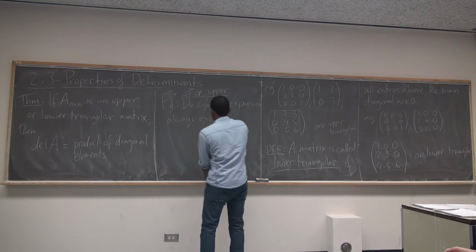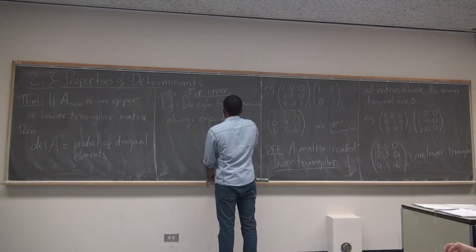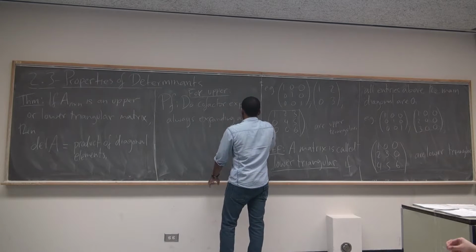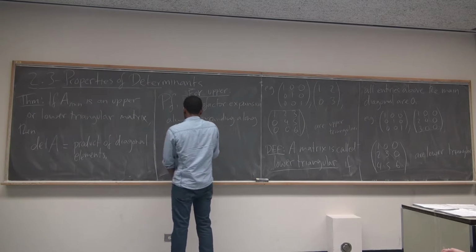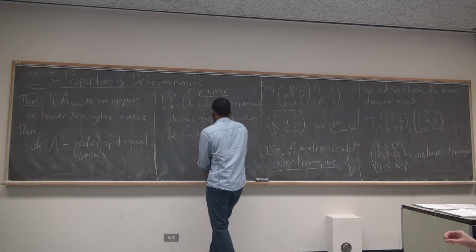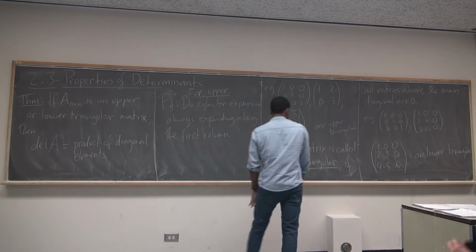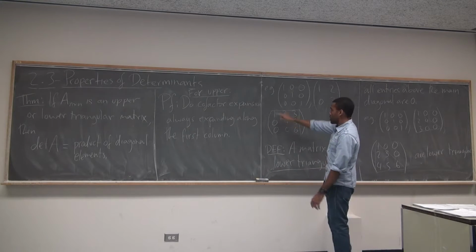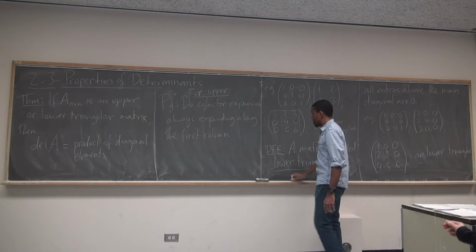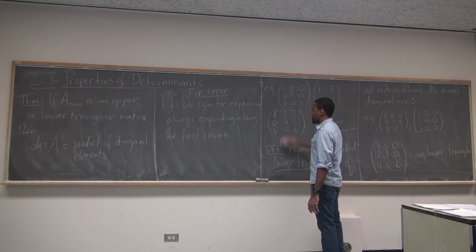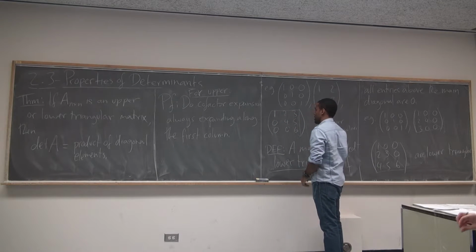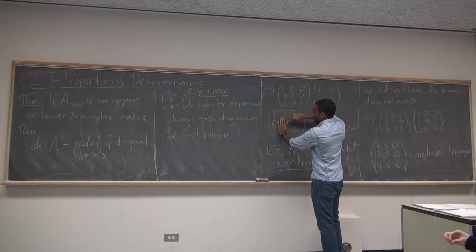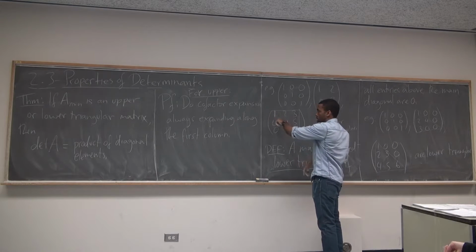Do cofactor expansion, always expanding along the first column. Right. So if you take any one of these matrices and I start to expand along this column, I'll just have the 1 times its cofactor, but these zeros won't matter. And then I keep that cofactor, expand along that column, and the zeros won't matter, and it just keeps breaking down along the diagonal.